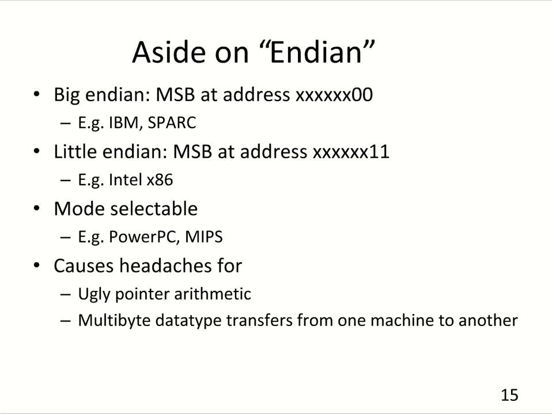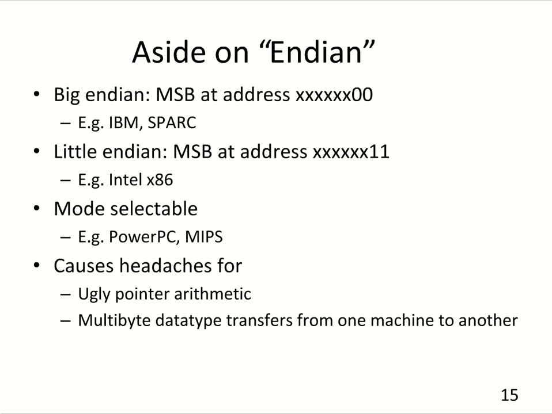Another issue that comes into play as we deal with different instruction sets is the issue of endianness. Endianness describes the byte layout that is used for multi-word data types, or multi-byte data types. So for example, if you have a 4-byte integer that consumes four byte addressable locations in memory, you have to make a decision about what order you're going to store those 4 bytes in.